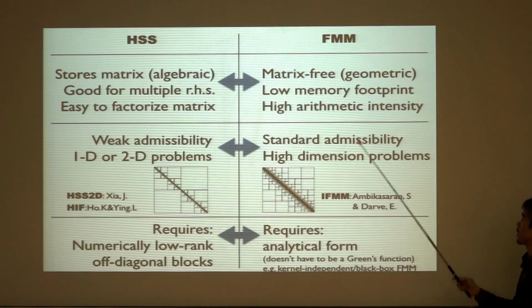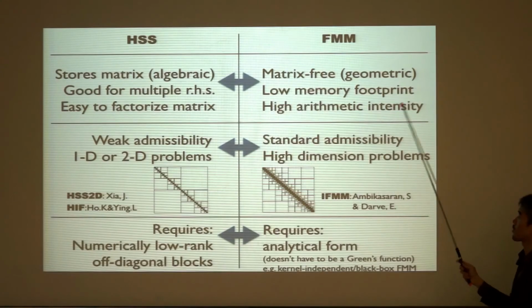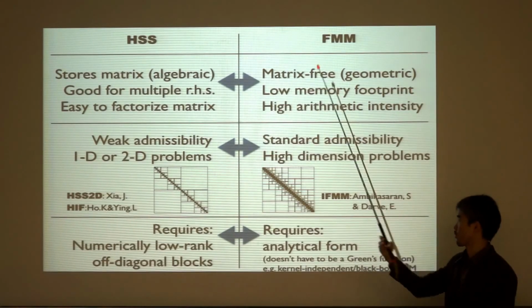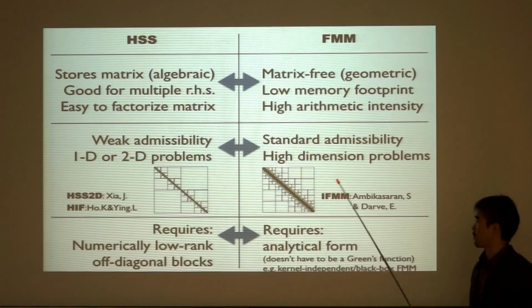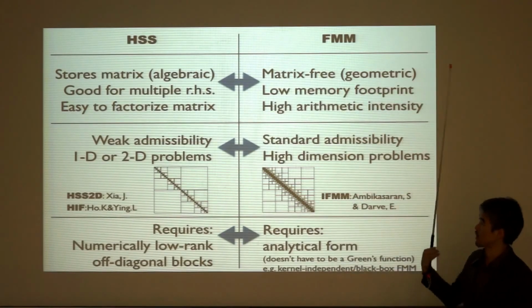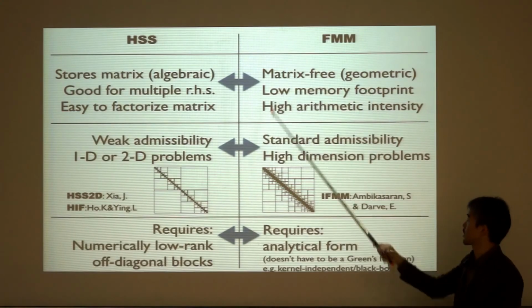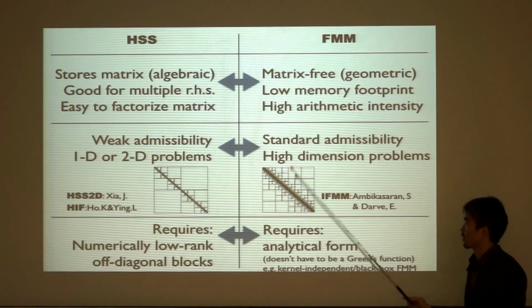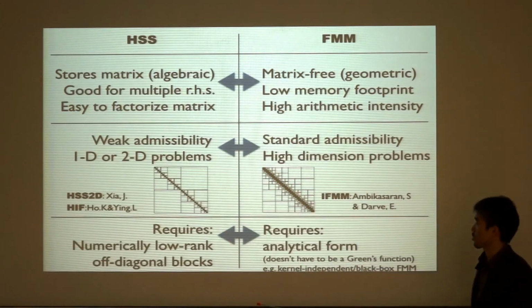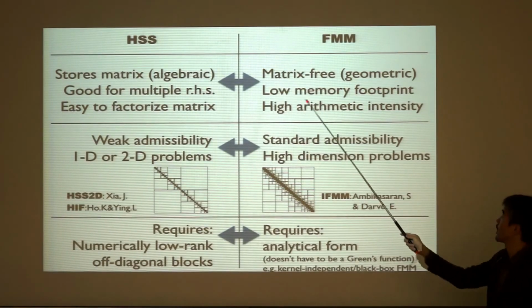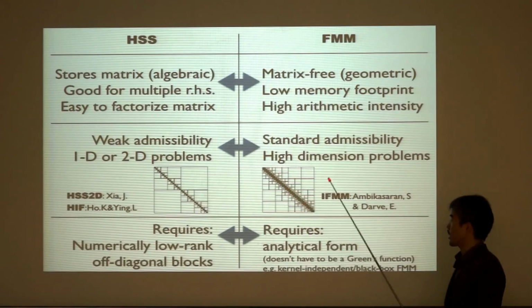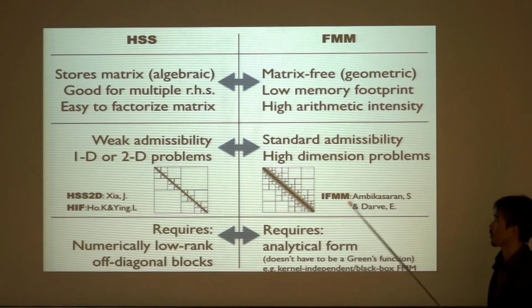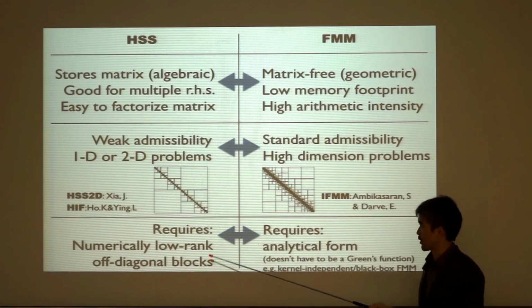Also, the original FMM could only handle the matrix vector, the forward operator. But now you have something like the inverse FMM, where you can handle the inverse operation with the FMM form. So not necessarily creating and storing a matrix. It still has the low memory footprint feature, but it allows you to use it as a solver now that you can calculate the inverse.